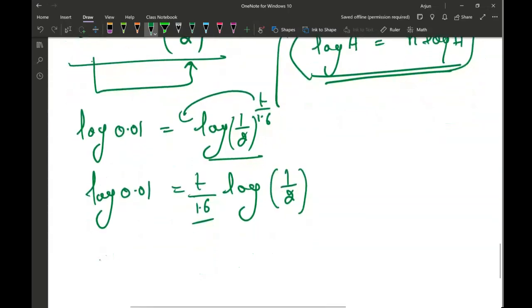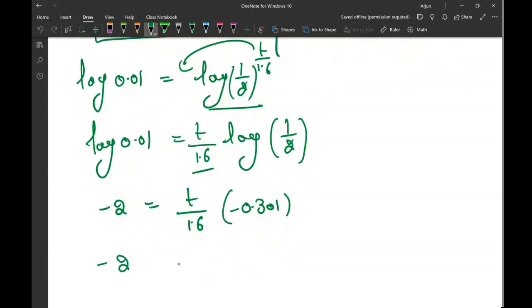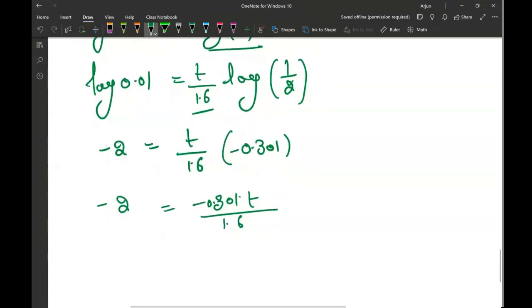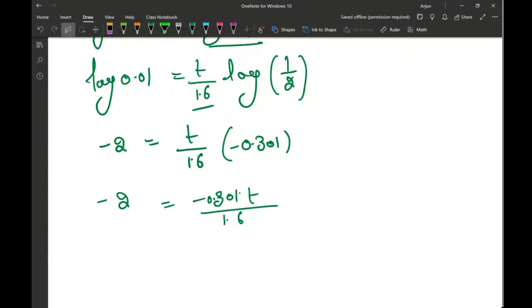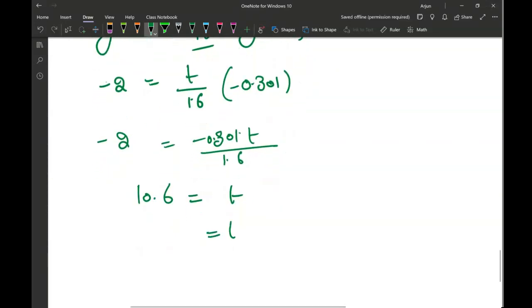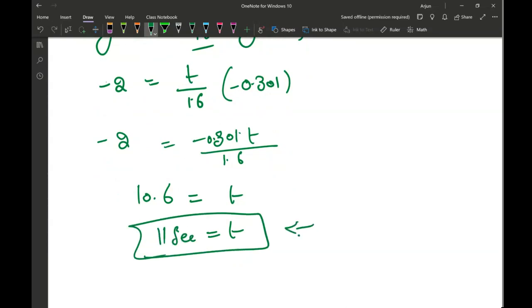So log of 0.01 is -2, and log of 1/2 is -0.301, and -2 equal to -0.301 times t upon 1.6. So what we're gonna do is simplify this one, and you're gonna get the value of t as 10.6 seconds, which is approximately 11 seconds. That'll be your answer for the time period.